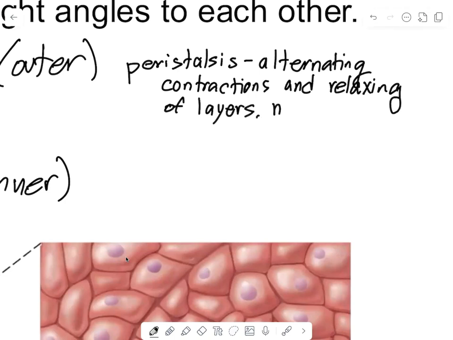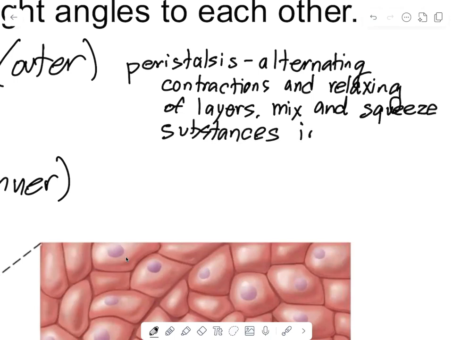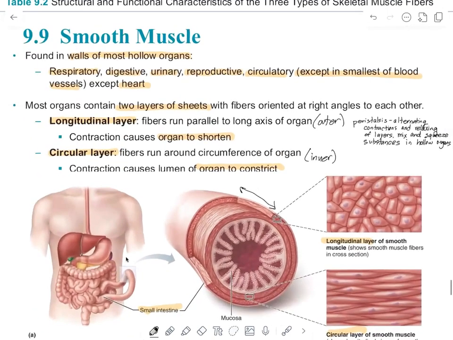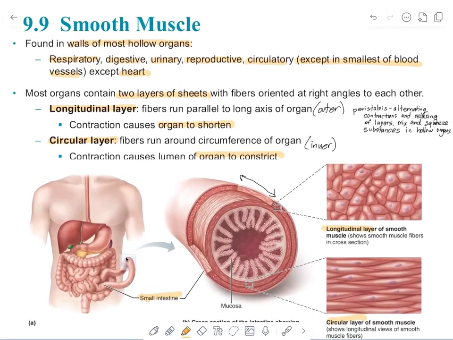And what it does, especially in places like the small intestine, is it allows mixing and squeezing of substances that are located in these hollow organs. And you'll learn much more about that next semester in A&P2. But for now, you should know what peristalsis is. And it happens because of the interplay of both the circular layer and the longitudinal layer.